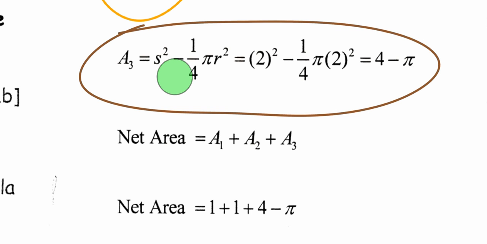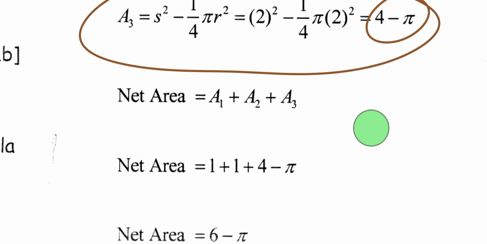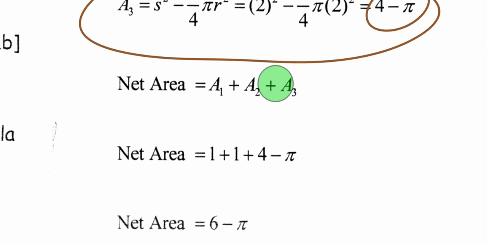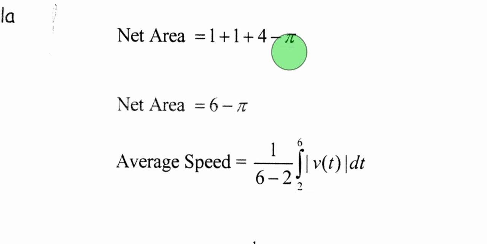The side length of the square is 2, and the area of the quarter circle is 1/4 pi r squared, or a quarter of the circle. The radius of that circle is 2, so we ended up with 4 minus pi as the area of that third little region. Add them all up: area 1 plus area 2 plus area 3, 1 plus 1 plus 4 minus pi. We get 6 minus pi.